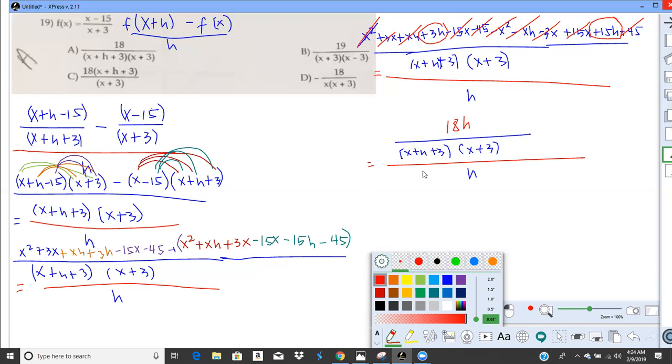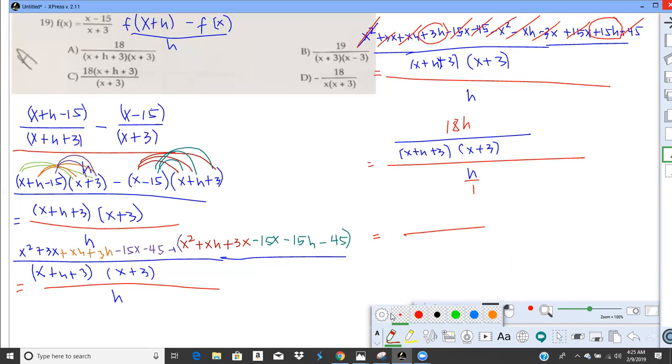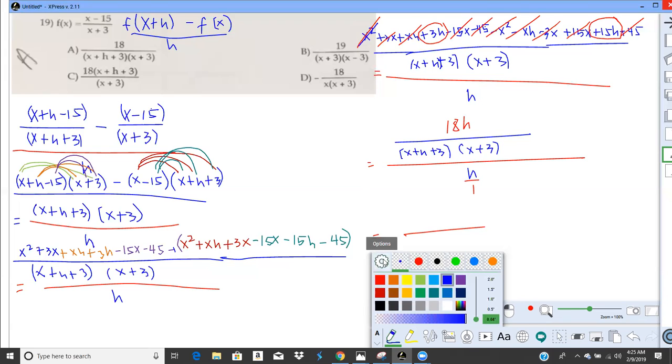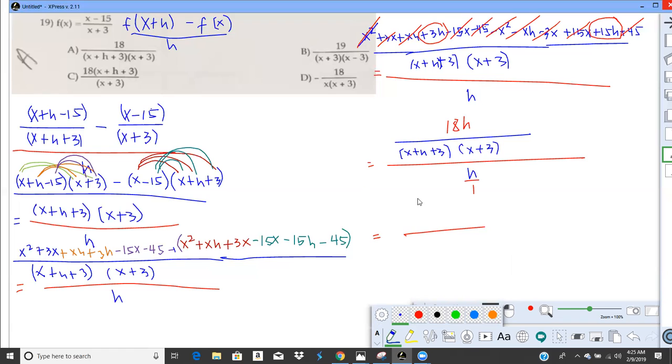Now this h really is just h over 1, right? So now we're finally ready to do keep it, change it, flip it. Keep the numerator, which is 18h over x plus h plus 3 times x plus 3.